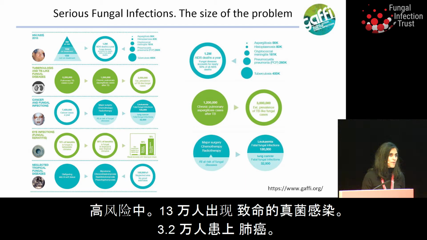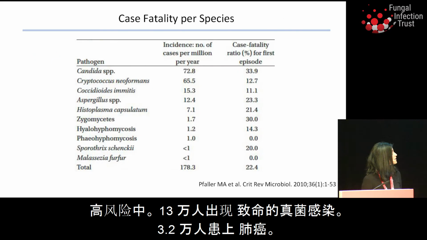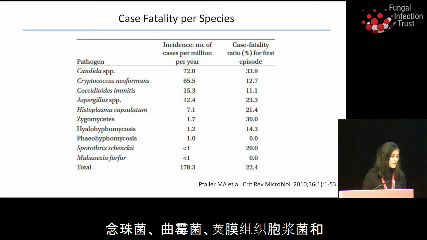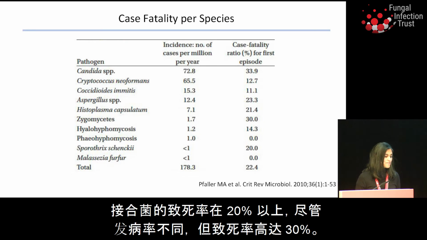Particularly leukemia patients have fatal fungal infections in 130,000, and lung cancer 32,000. The case fatality is quite different per species, but a case fatality ratio of above 20% has been documented for Candida, Aspergillus, Histoplasma capsulatum, and Zygomyces, which is up to 30%, despite very different incidences.